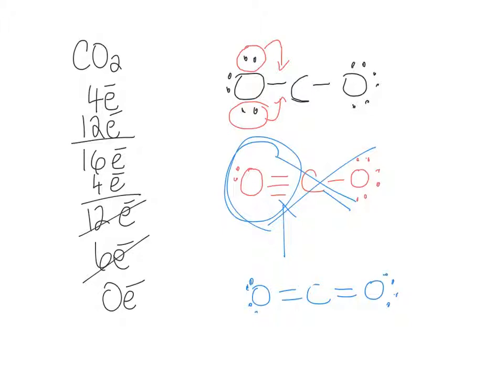So, always double check. 2, 4, 6, 8, 10, 12, 14, 16. Did I use the same number I had to start with? Yeah. Does everybody have their octet satisfied? Yes. Is anybody breaking any rules? No.